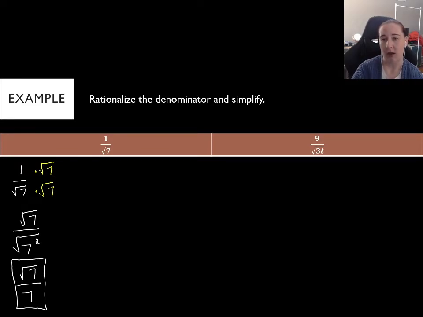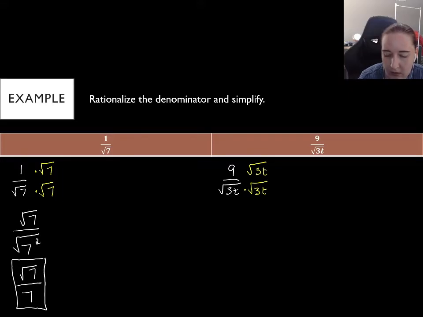So often what happens is if you have a square root in the denominator, it ends up on top and then things kind of cancel out. Same thing with 9 over the square root of 3t. So we multiply by the square root of 3t on the top and the bottom.